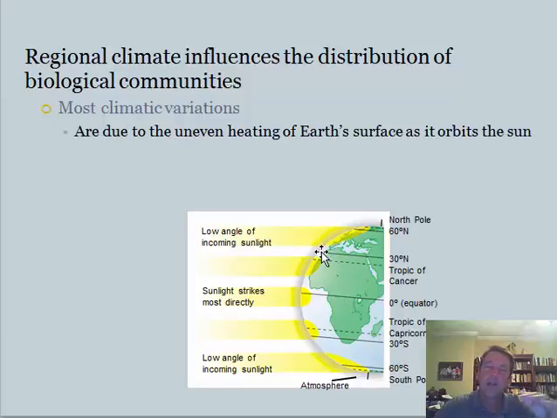So this creates different types of habitats. We have colder temperatures and less radiation, so less plant growth as we move away from the equator. Near the equator, we'll have our tropical rainforests, where we have more plant growth. So the angle of light fall will change conditions on the Earth.